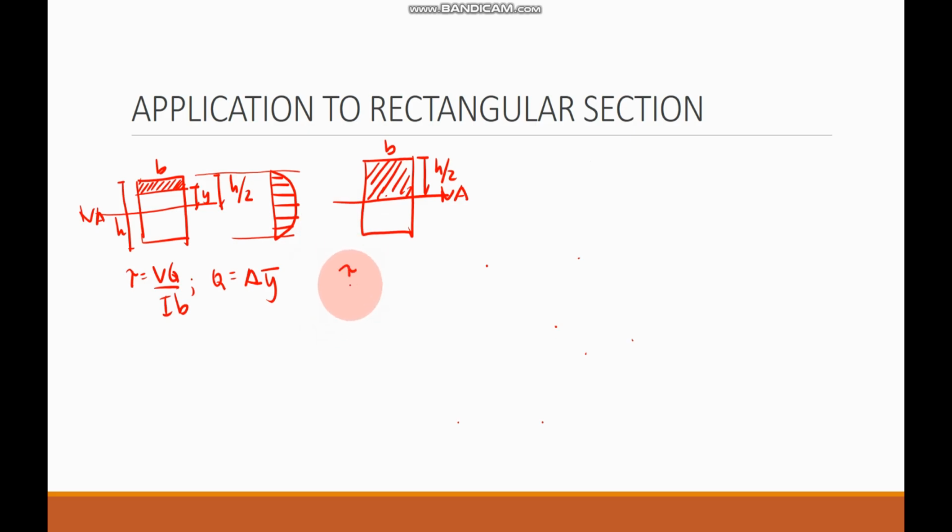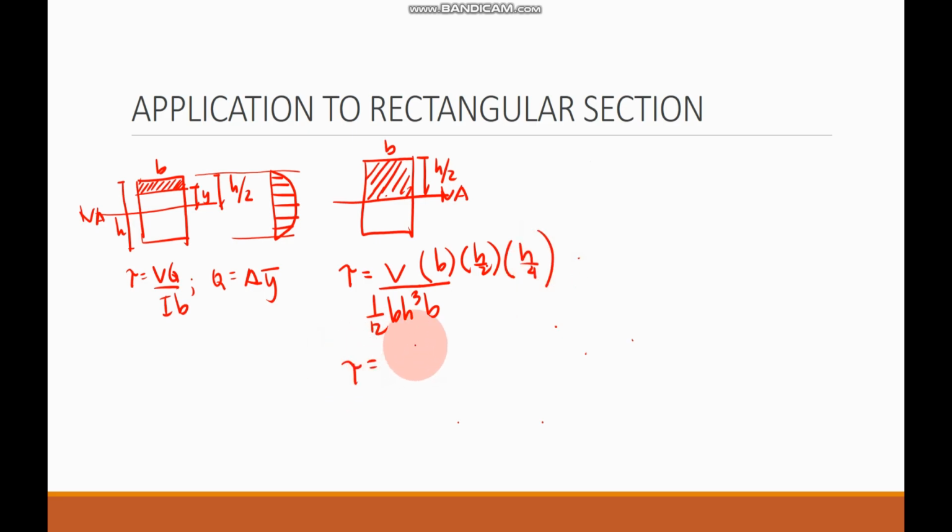So our shear stress is equal to V, and then the moment of inertia for a rectangle is 1 over 12 of BH cubed multiplied by B, and then the Q, the static moment of area, is equal to B multiplied by H over 2, and then H over 2 divided by 2 is equal to H over 4.